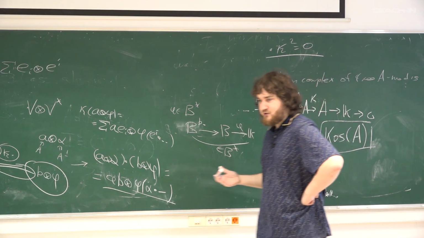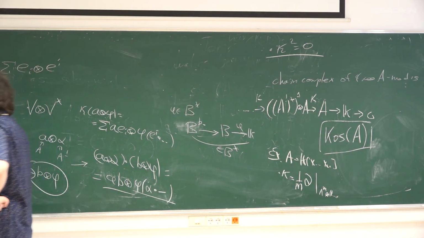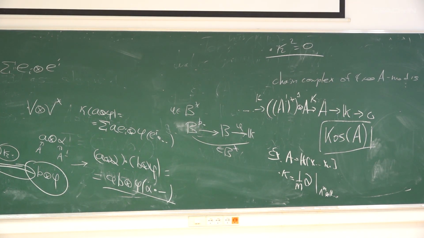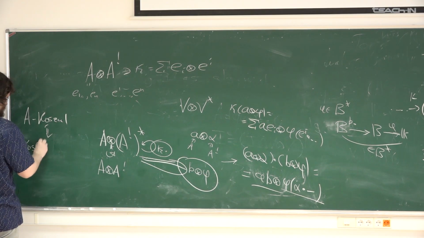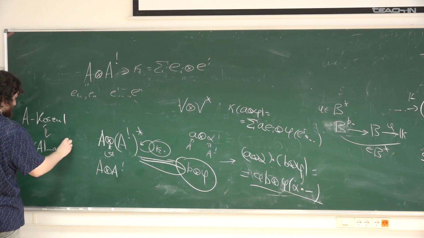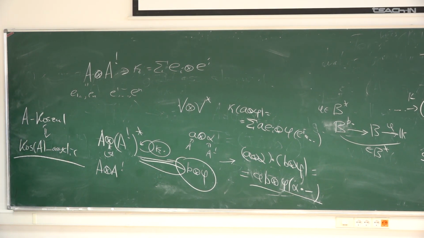And an algebra is called a Koszul algebra if this thing is acyclic. So A is Koszul, by definition, if the Koszul complex is acyclic. It's equivalent that for the dual algebra it's cocyclic, because for the dual algebra it's kind of a dual complex.